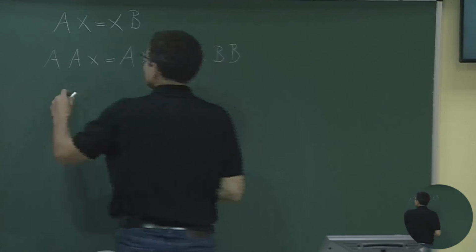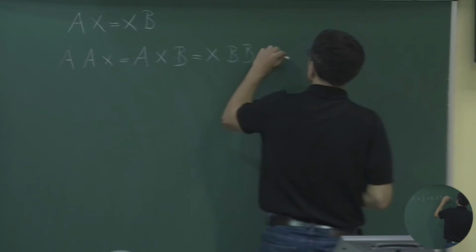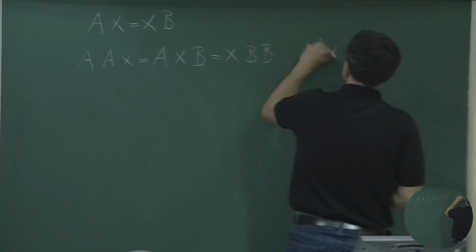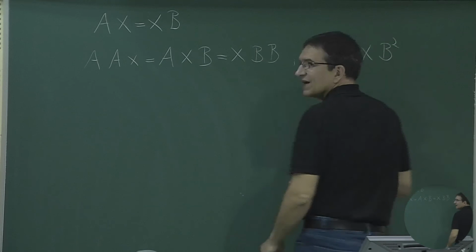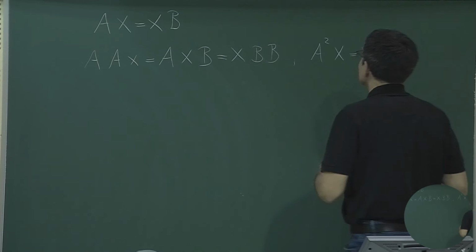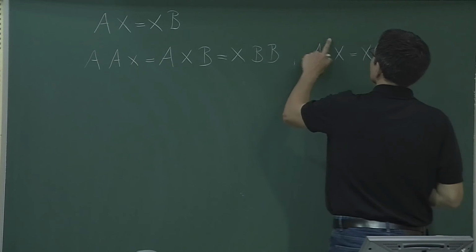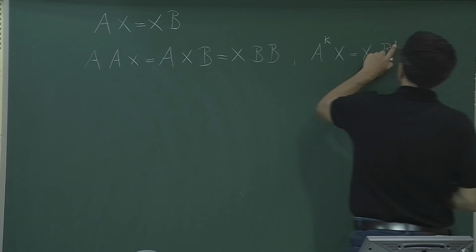Another notation: A squared X equals XB squared. And I can repeat this, and then I get this for any power.